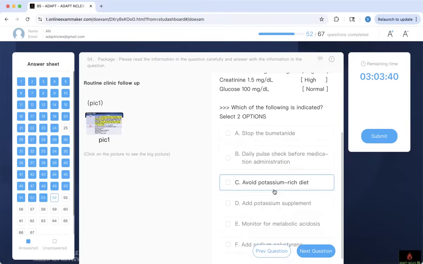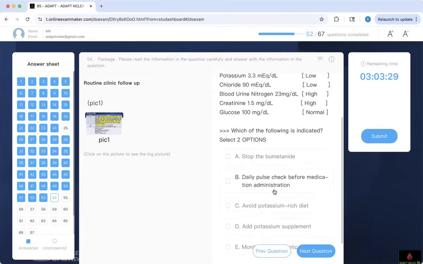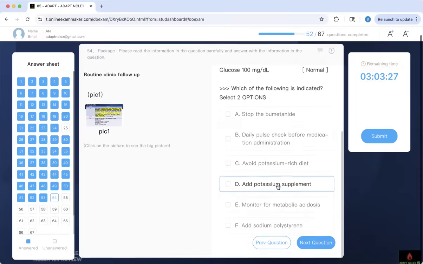They should not avoid it because the potassium is low. Add potassium supplement. Yes, they're taking bumetanide. The potassium is low, so they will need a supplement. Monitor for metabolic acidosis. Low potassium causes metabolic alkalosis, not acidosis.